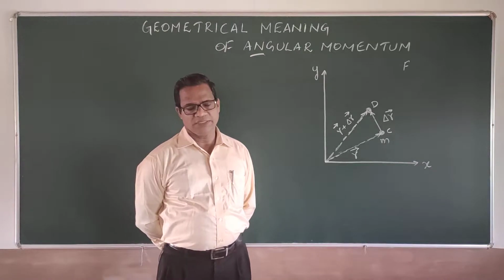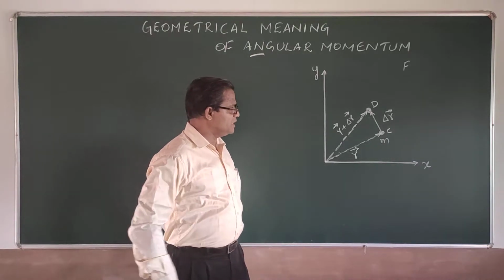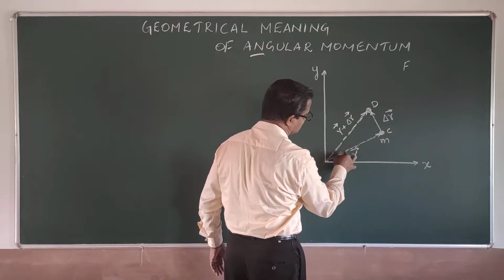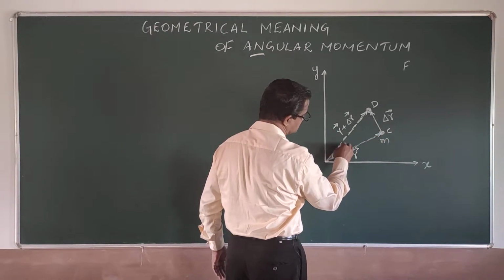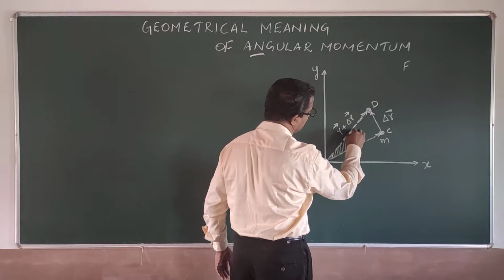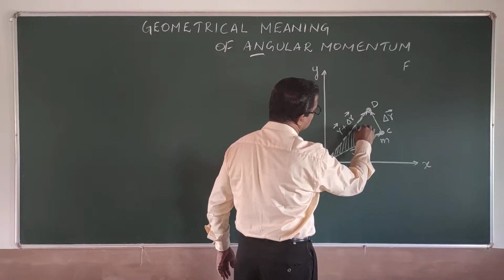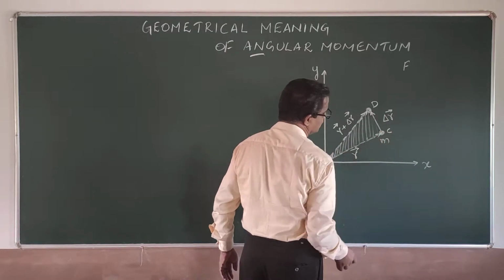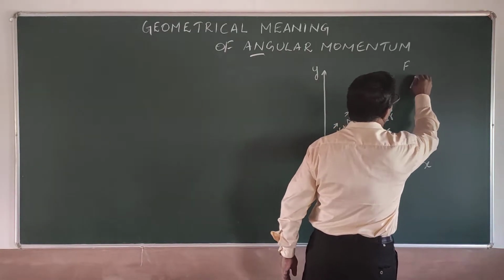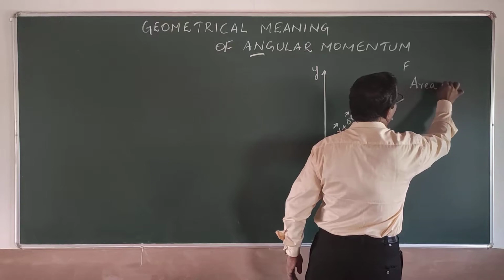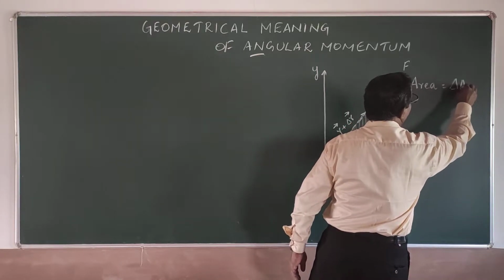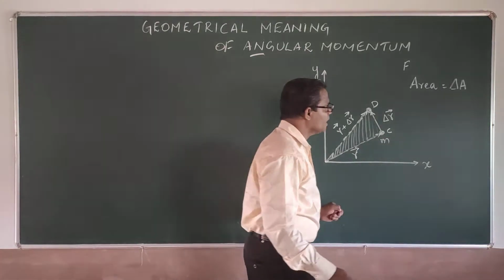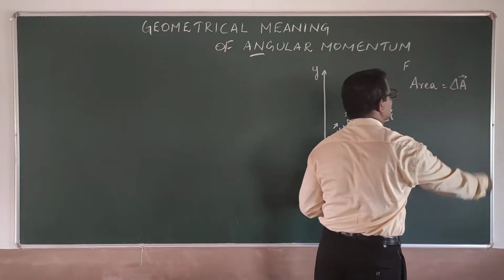Now, as the body is moving from C to D, the position vector r is describing an area here, and I can take this very small area as delta A, in vector form.